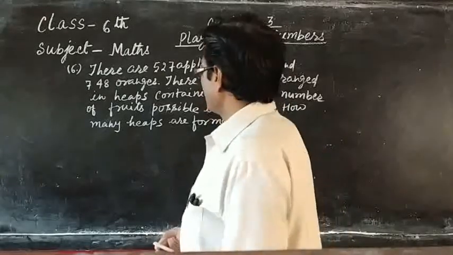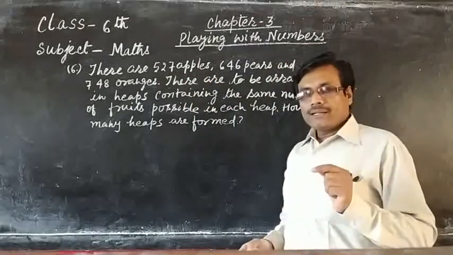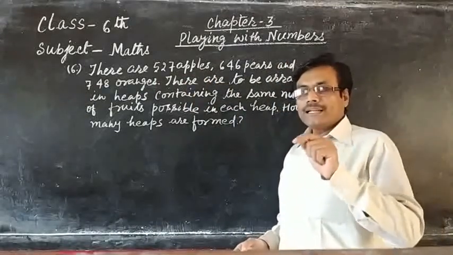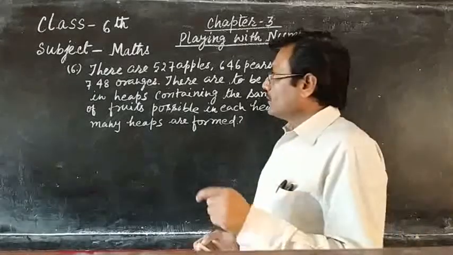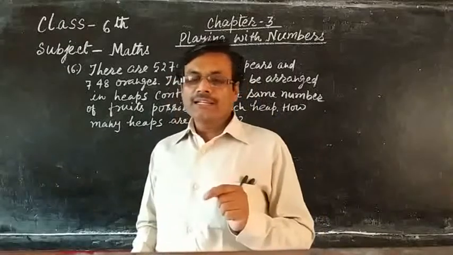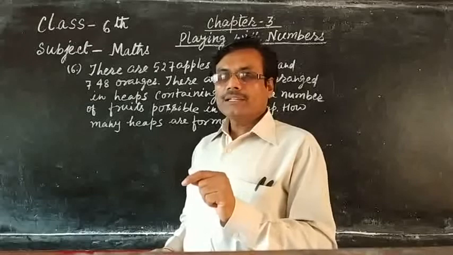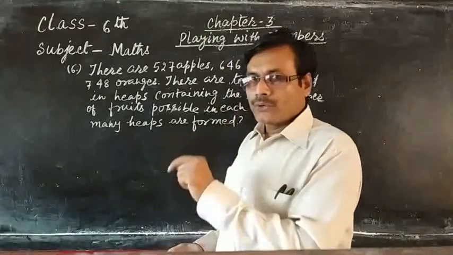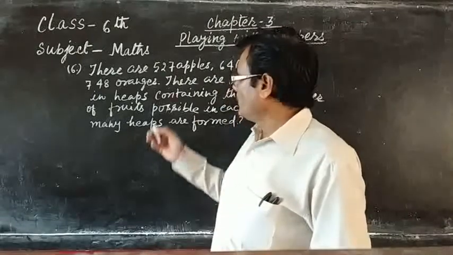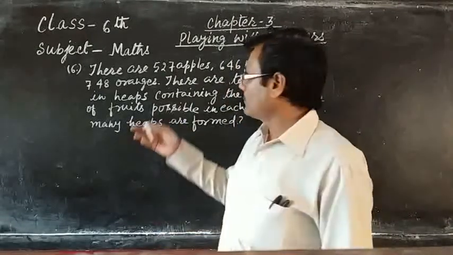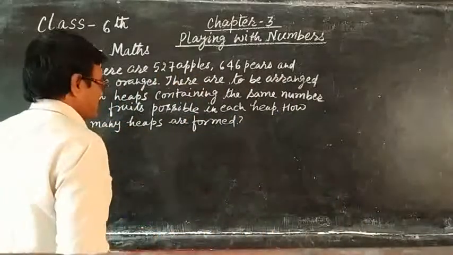So children, first of all we need to find the number of heaps. Okay, after that we will find how many possible number of fruits may be in each heap. So we find the HCF of the total number of the apples.